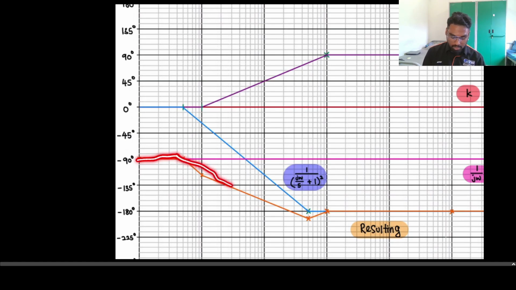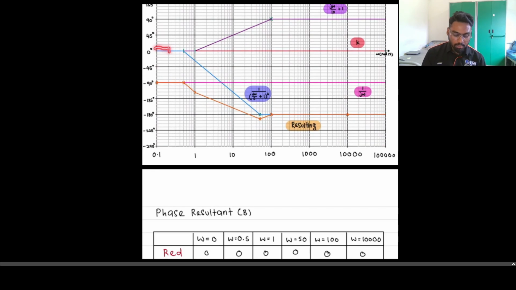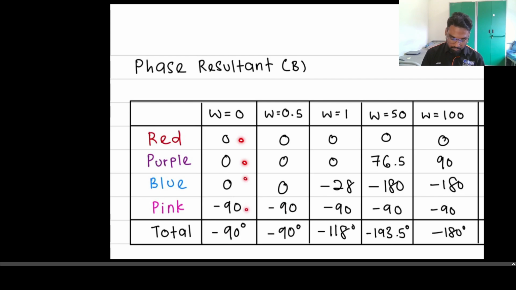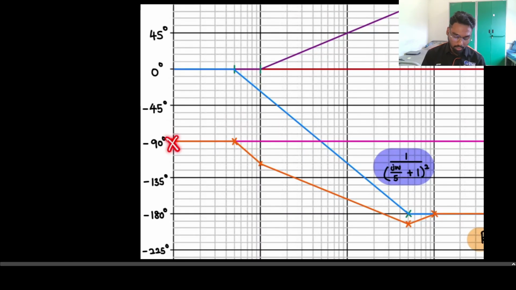These are our resultant lines, and as you can see, there is a pink line here, blue line, red line, and also a purple line. Getting all the intersect points and putting them into the table, if we do the process of addition, we will obtain the data of negative 90 angle. So our first coordinate will be around negative 90.